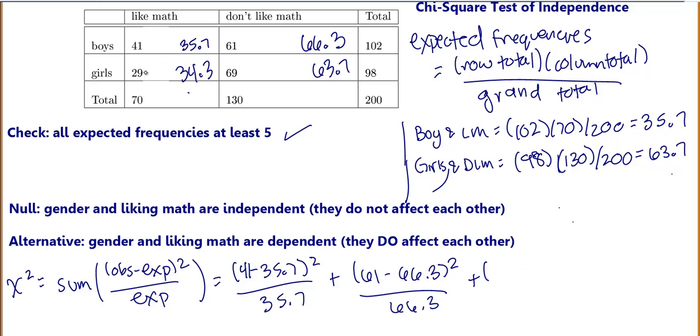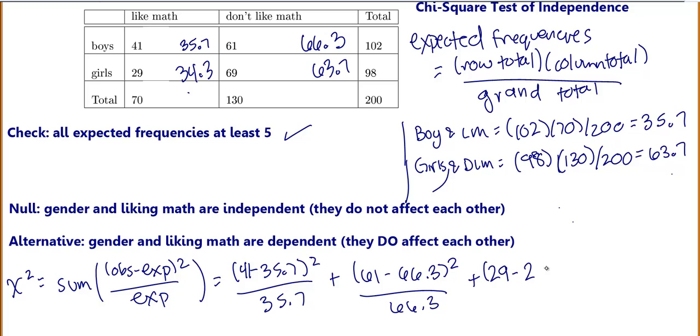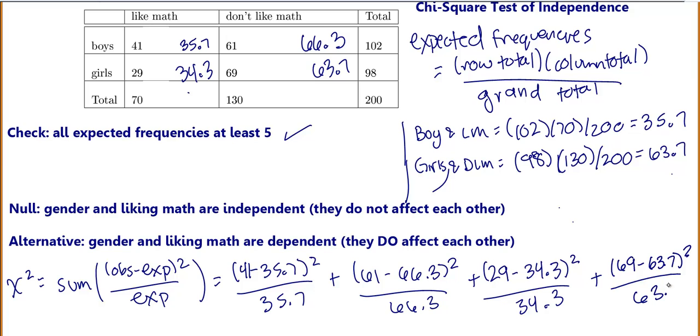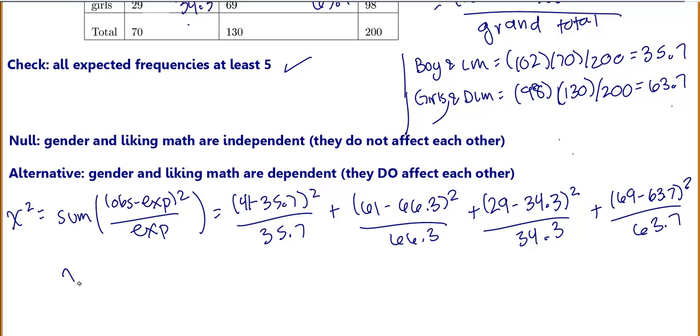My next observed is 29 with an expected of 34.3. And finally, 69 minus 63.7 squared over 63.7. So I've done each observed minus expected, squared it, and then divided by the expected. So my chi-squared is 2.47.